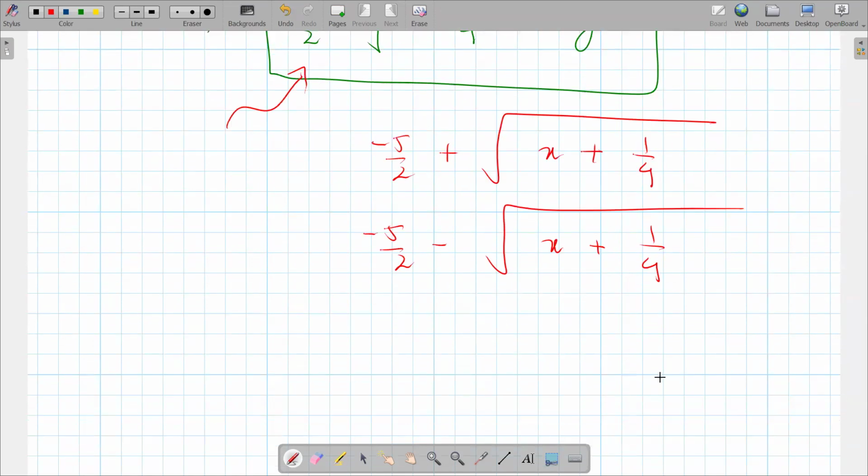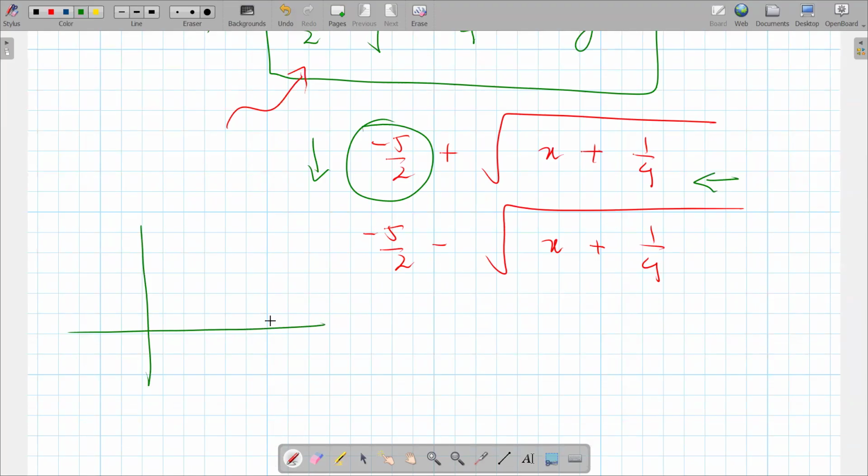We can graph both of these very easily. This is a vertical shift down. This is a horizontal shift to the left. So think about your parent function. It looks like this. It went a quarter to the left and it went 2.5 units down. So the top function will look like this.